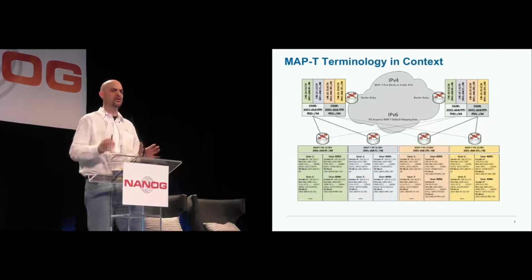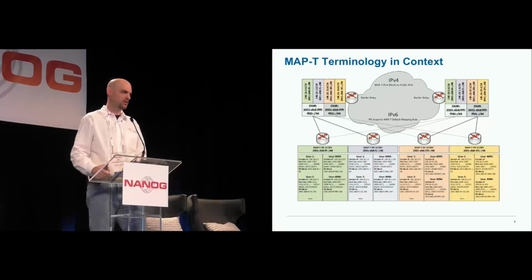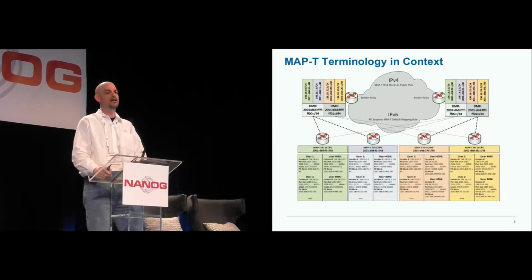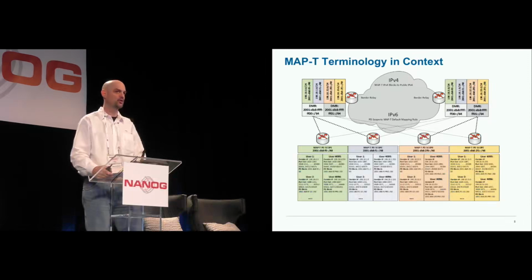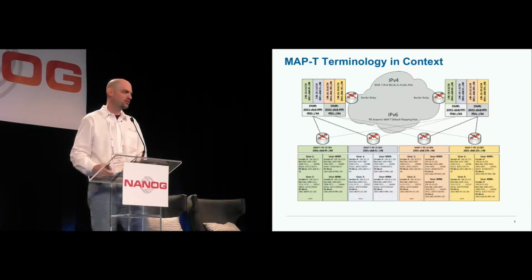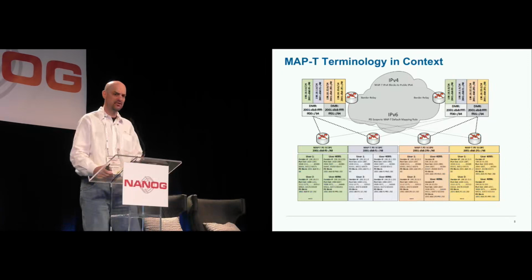So here's a little visual of what a MAP-T environment would look like. What I'm showing here is an implementation with 2 border relays, 2 MAP-T domains, each one of them having their own default mapping rule, and 2 mapping rules per domain. 2 BRs are implemented here for redundancy purposes.